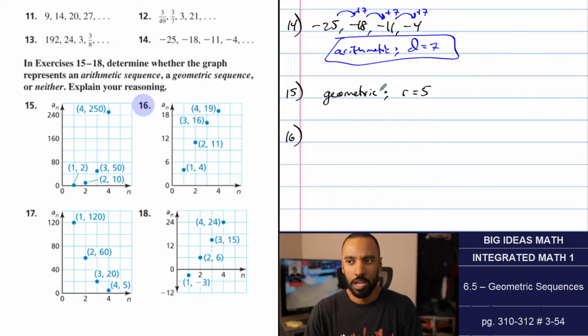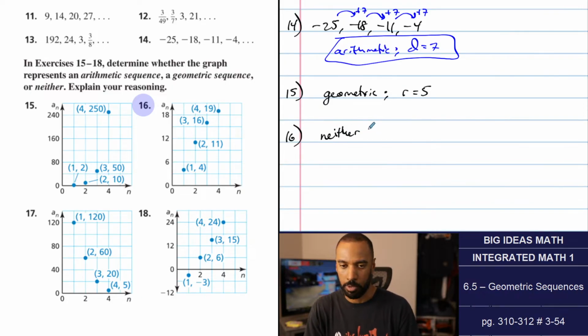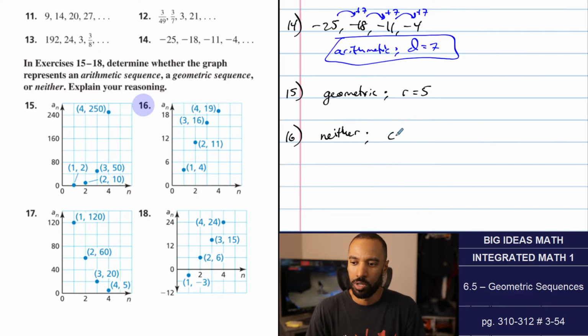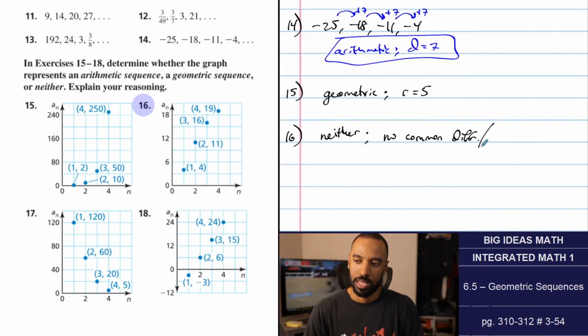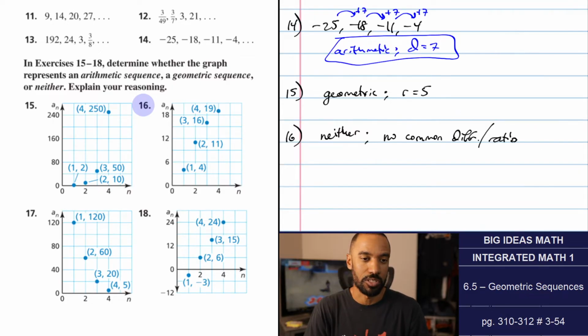So it's a curve, but it's not linear. It doesn't have a common ratio here. No common difference or common ratio. Now, like I stated, I believe that's what's called a quadratic sequence. Doesn't matter, but it's not geometric.